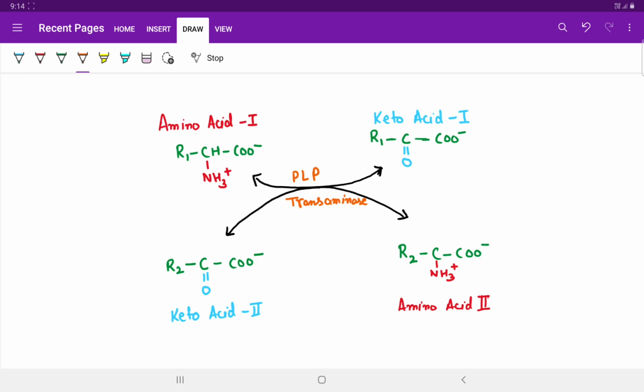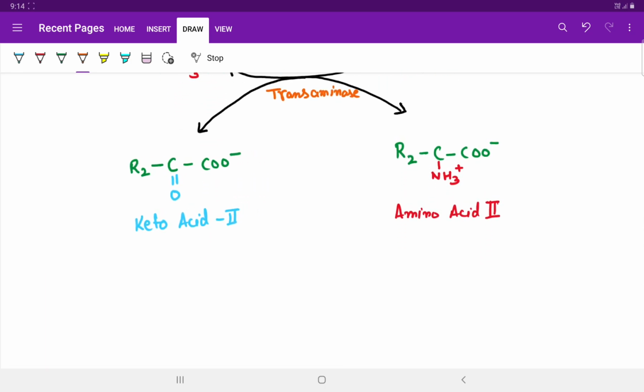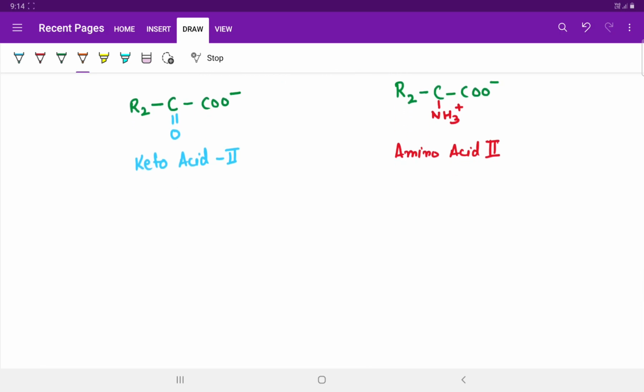Now let us understand this with an example of how alanine is converted into alpha ketoglutarate and glutamate, and ultimately a pyruvate molecule is released out. So this will be a general reaction that will be highlighting the mechanism also. Now first of all let us draw the structure of alanine.